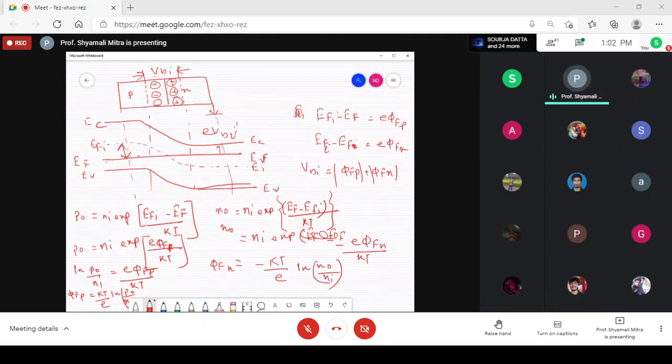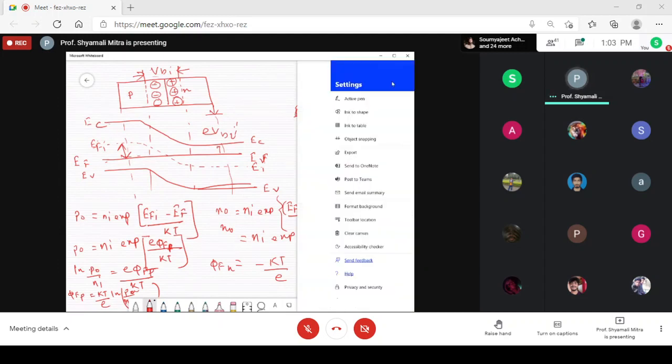So for larger doping concentration, if N0 is nearly equal to the donor ion concentration, then N0 is replaced by ND and P0 is replaced by PA. So this is that. Now we can calculate VBI having calculated E phi of Fn and phi of Fp.